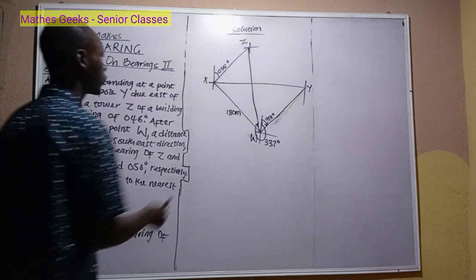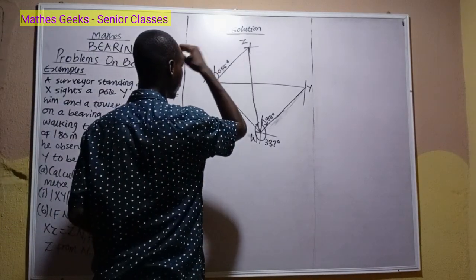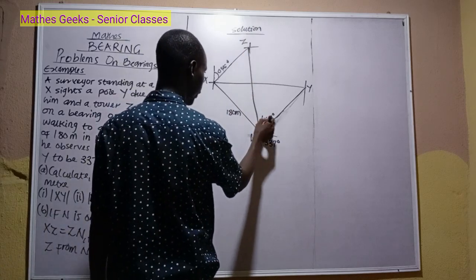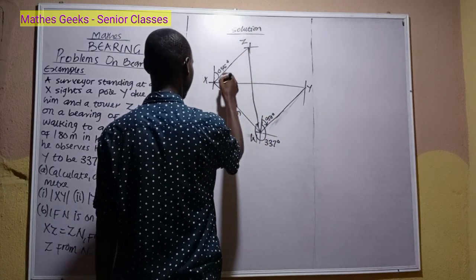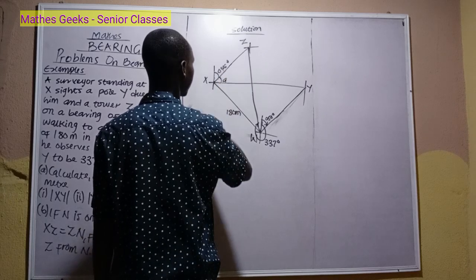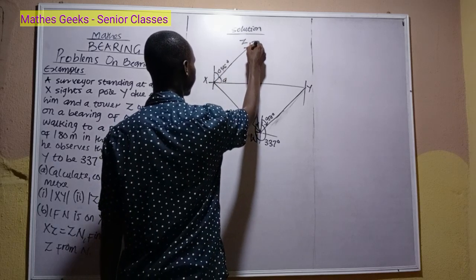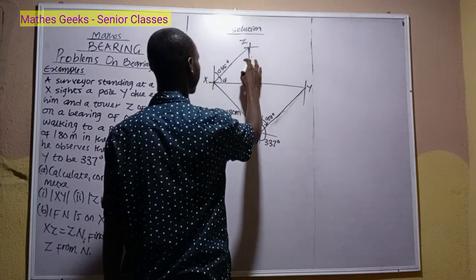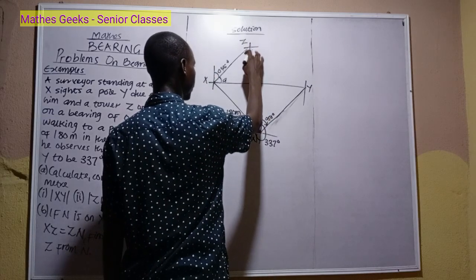So now let's look at what we're going to do. From this to W, we need to know here, let's call this A, and then we need to know here, this is B. I'm sure this line is B.